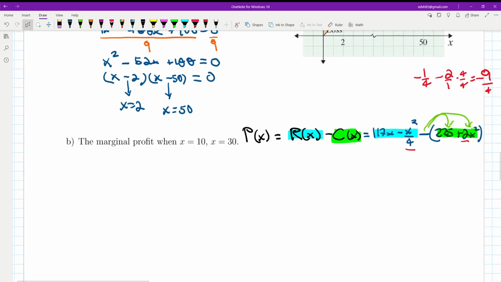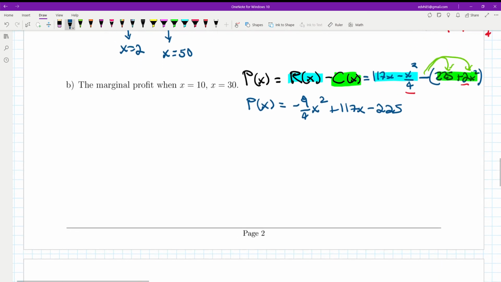So coming up with the actual profit function, P of x equals, okay, let's start with the quadratic terms first. That is negative 9/4 x squared plus 117x, and then minus 225. All right, so that's our profit function.